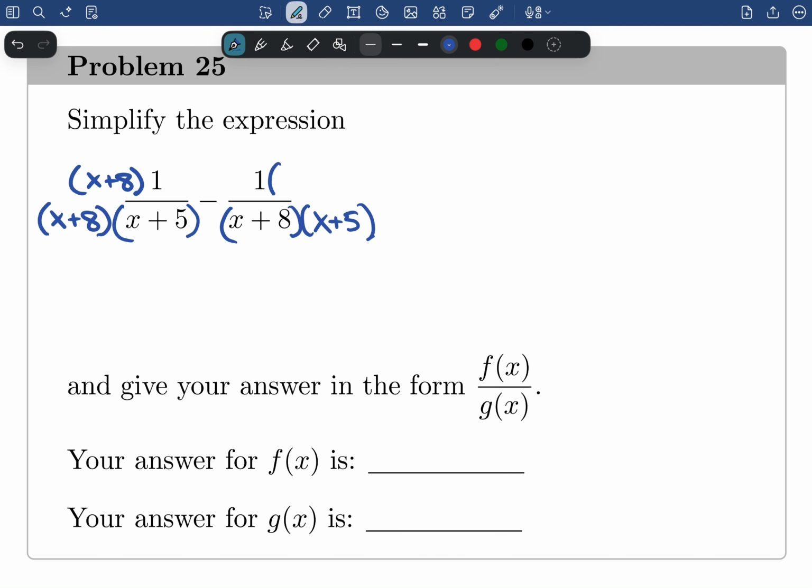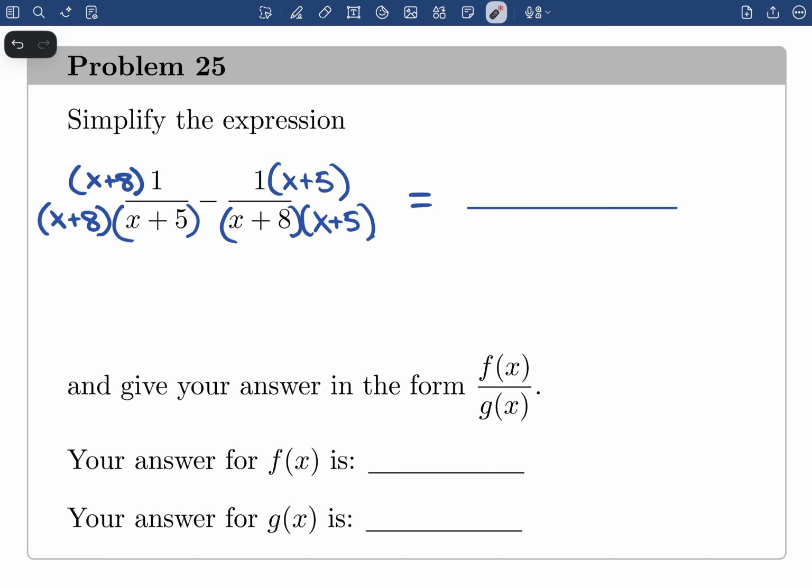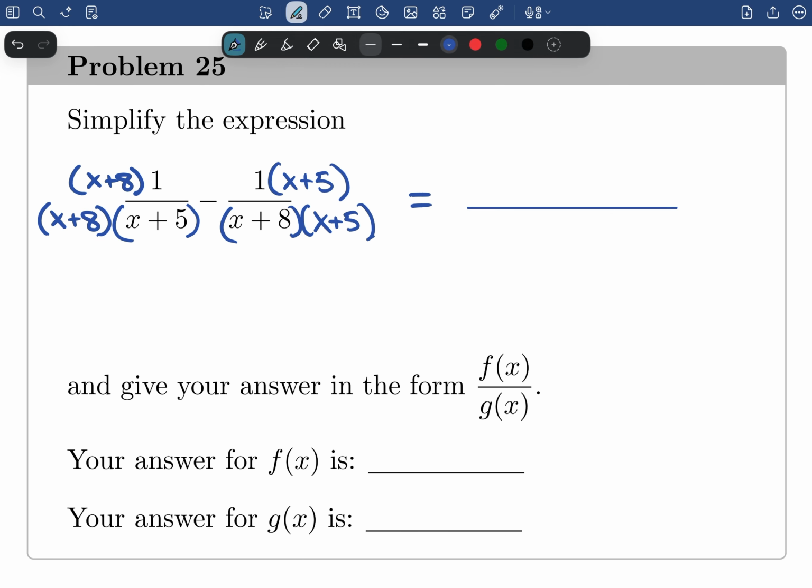So I'm going to multiply an x plus 5 on top and bottom of the second fraction. Great. And so now I have a common denominator. So I created a common denominator, x plus 8 times x plus 5. That's the same denominator for both fractions now.